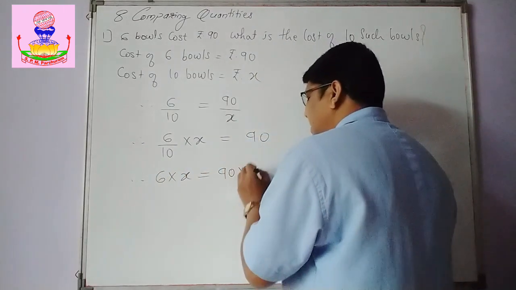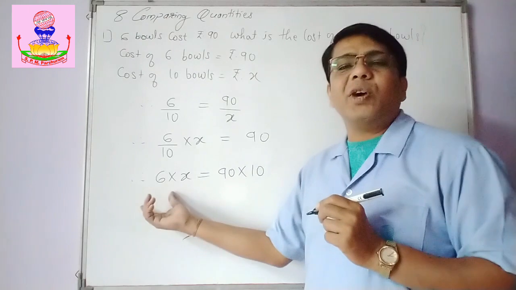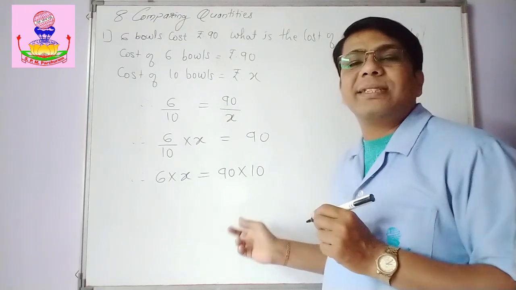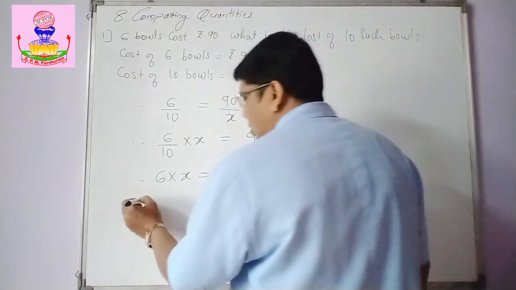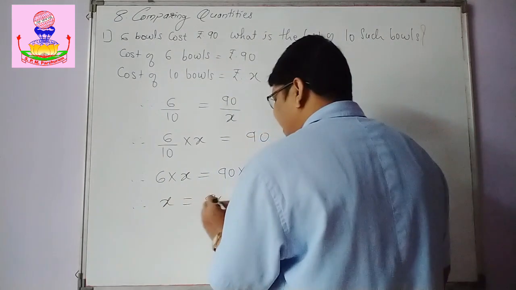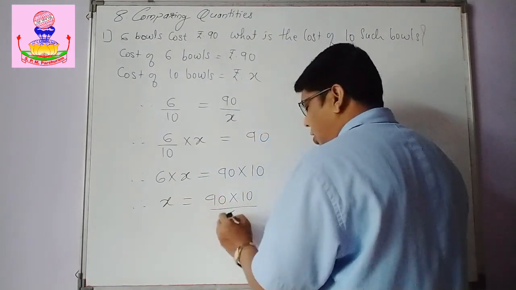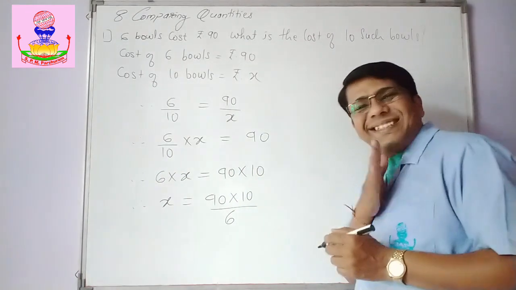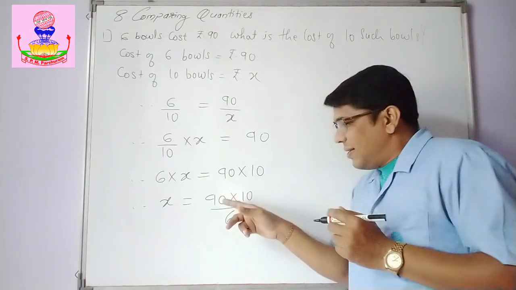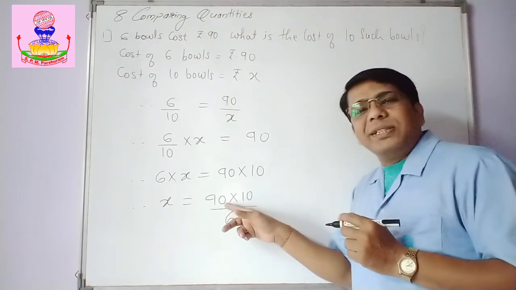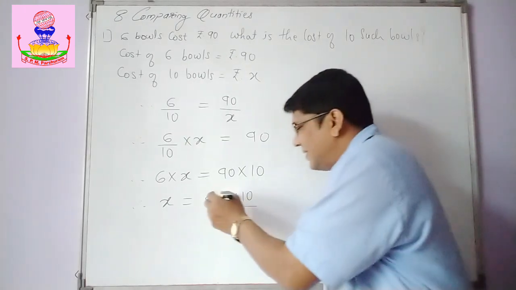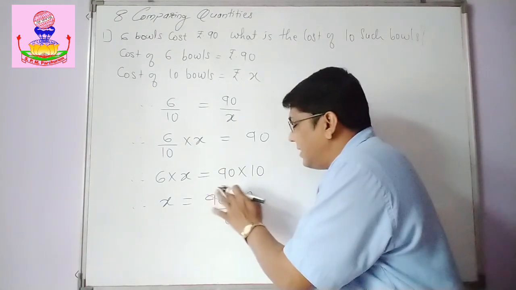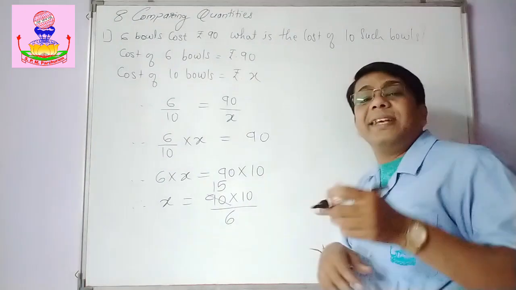Multiplication. So 90 into 10. Now I don't want this 6. Bring this 6 to this side. Here it is in multiplication, so when it comes to this side, of course, division. Therefore X is equal to 90 into 10 upon 6. Now, I know the tables. 6 15s are 90.